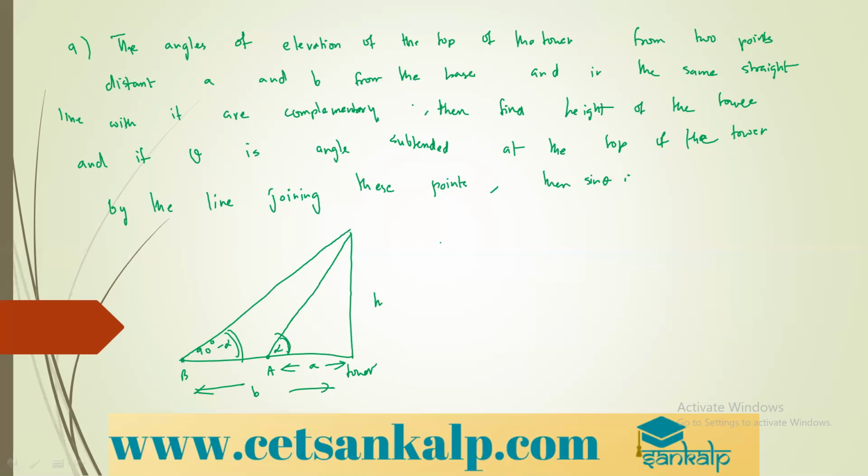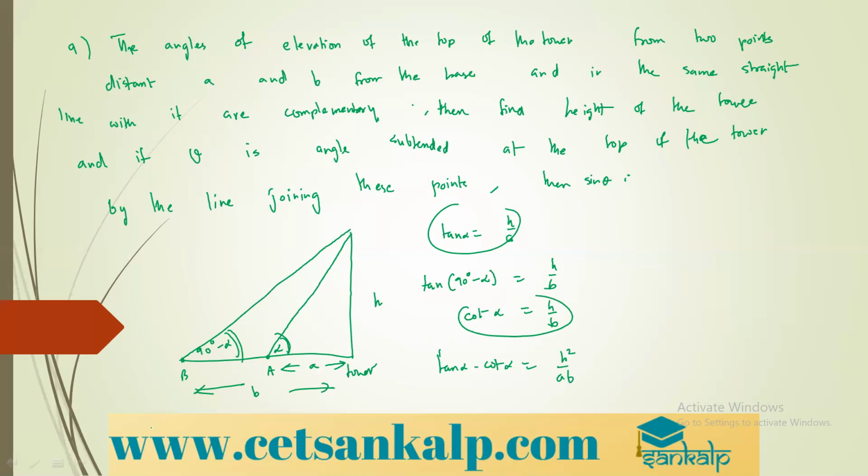So based on this information, tan alpha can be written as h by A. And tan 90 minus alpha can be written as h by B, or cot alpha is h by B. Now, if you multiply these two equations, tan alpha into cot alpha equal to h square by AB.